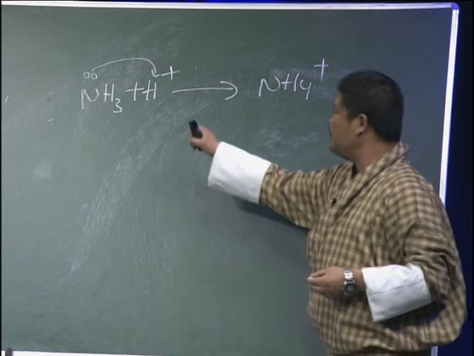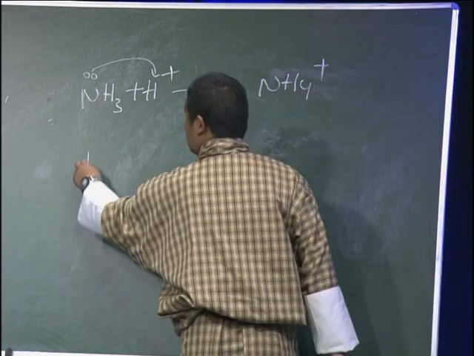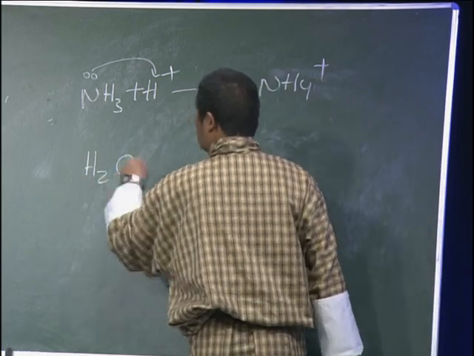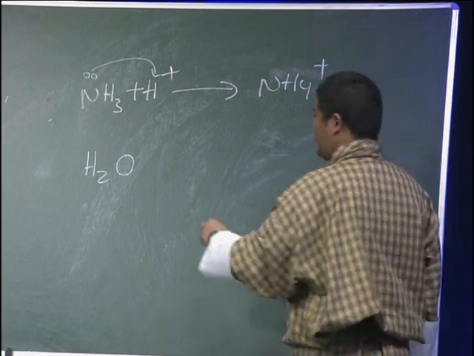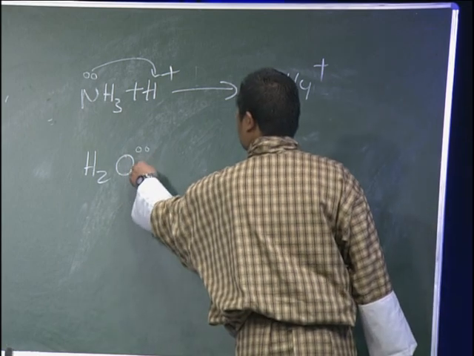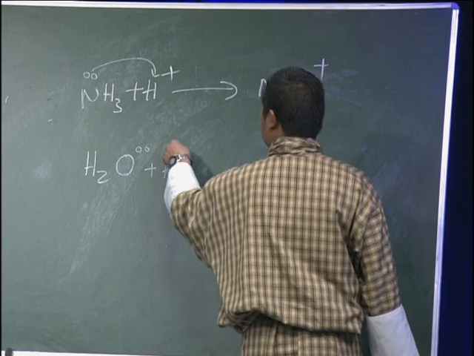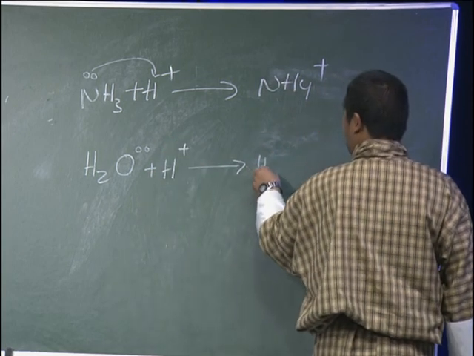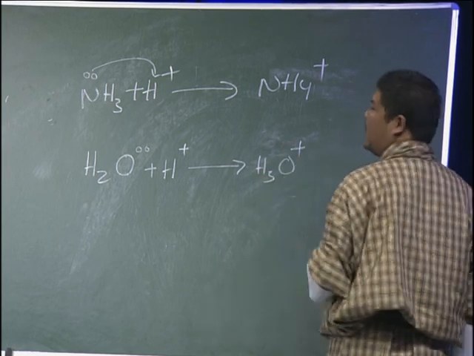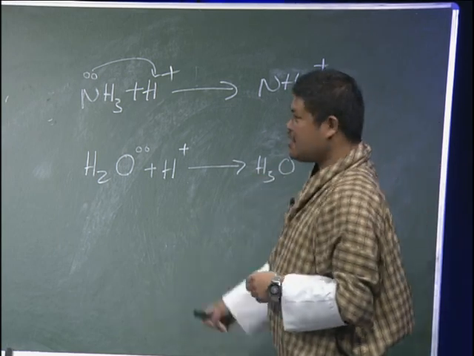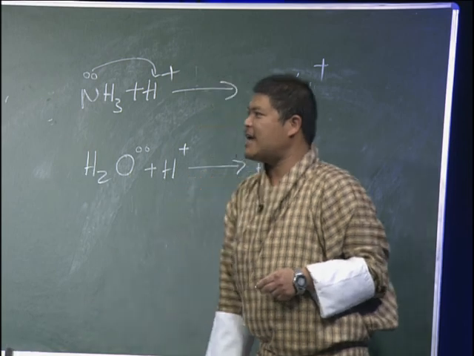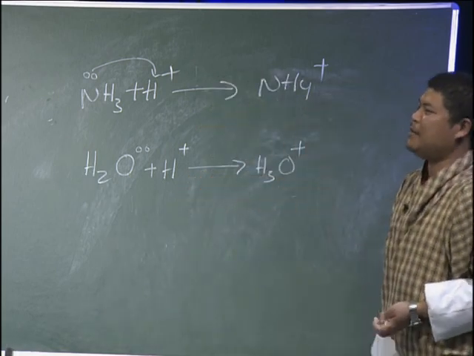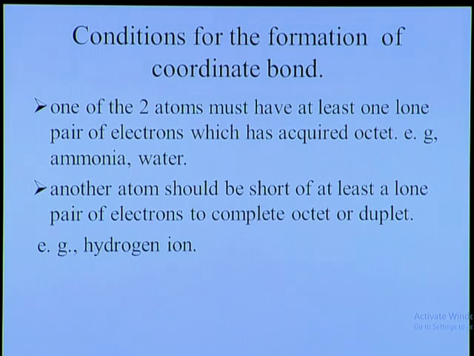Example, we have ammonia. Similarly, we have water. In water, the lone pair of electrons is present on oxygen, which can be donated to a hydrogen ion, leading to the formation of the hydronium ion. So this is one condition. The second is that the other atom should be short of at least a lone pair of electrons to complete its octet or doublet.